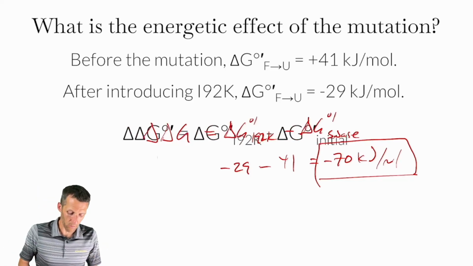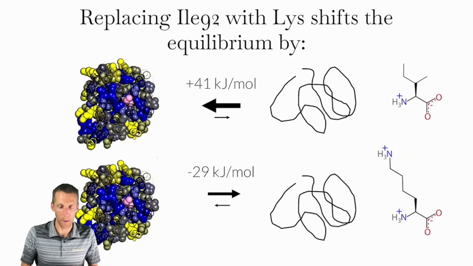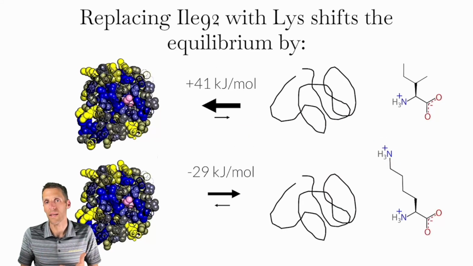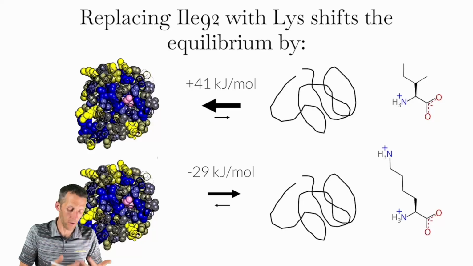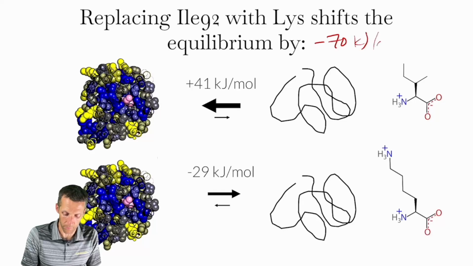So what does that mean? Oh look, I did it with not my handwriting. Minus 70 kilojoules per mole. What it means is that replacing I-92 with lys-92 shifts the equilibrium by minus 70 kilojoules per mole.